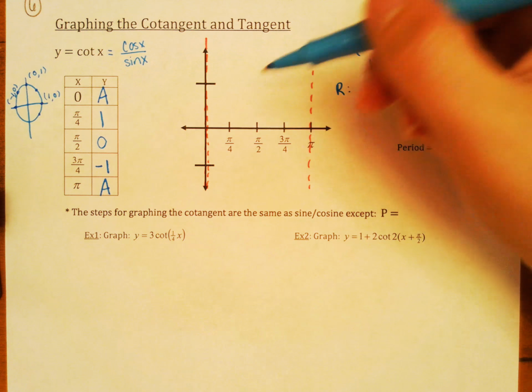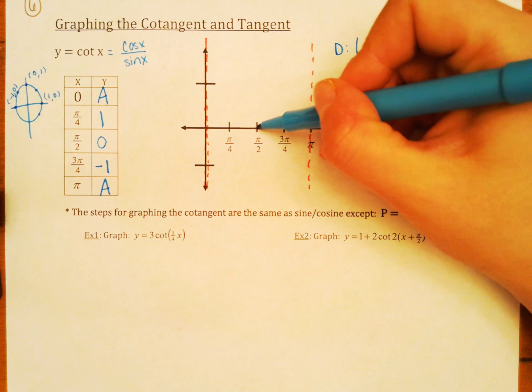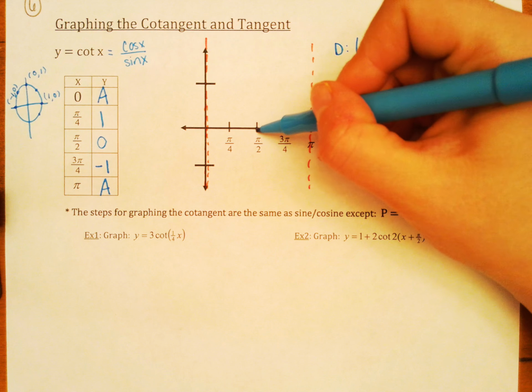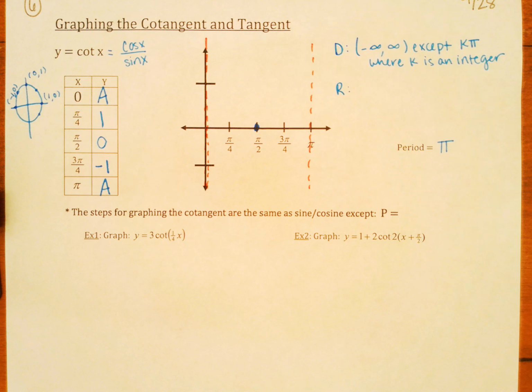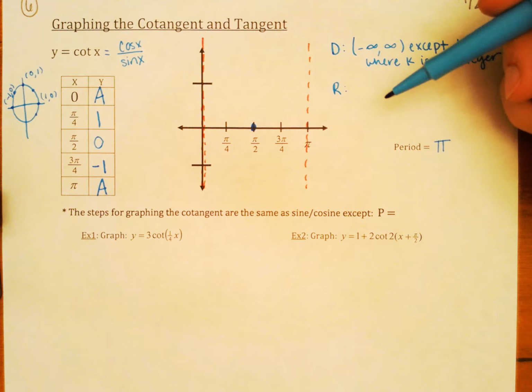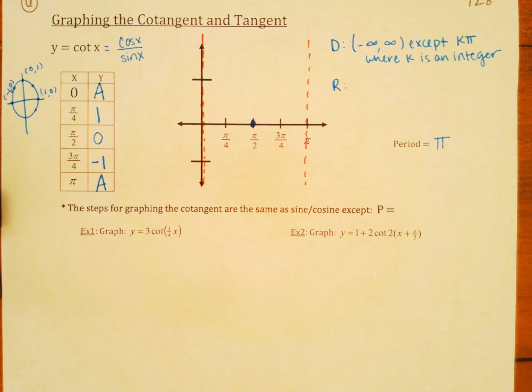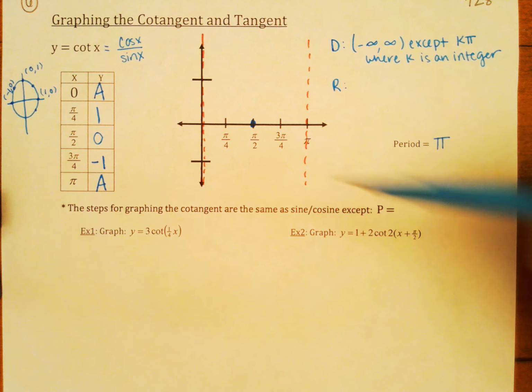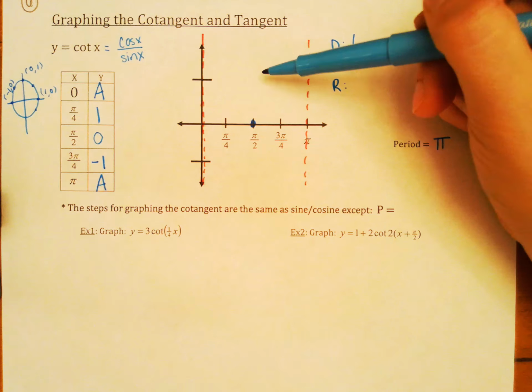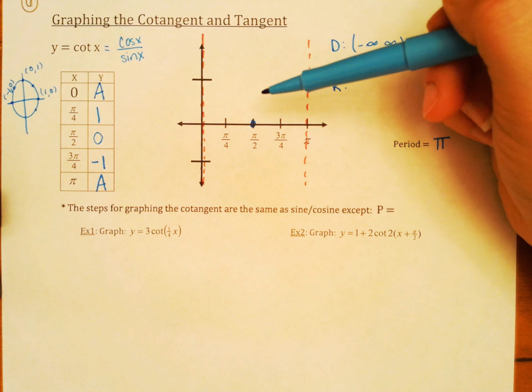Right in the middle, at my third critical value, and this is kind of the same for our tangent graph too, between my 2 asymptotes, I have a 0. That will happen even when we have a vertical shift; it might be on our new baseline, but we'll always have a 0 at that value.